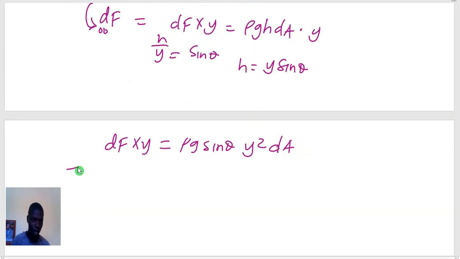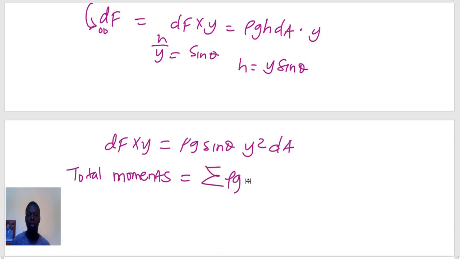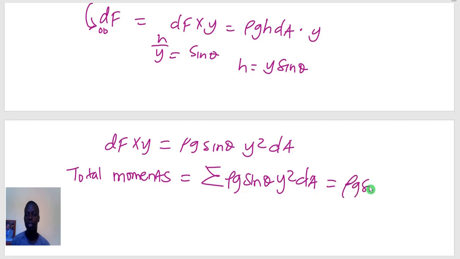Now the total moment will equal the sum of these moments of the several forces on the strips of areas. It will be the sum of rho g sine theta y squared dA, which is equal to rho g sine theta times the integral of y squared dA.